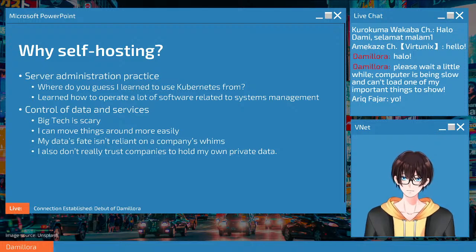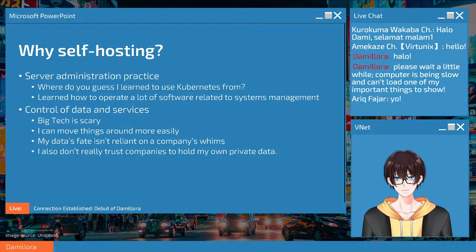And imagine a world where a single company holds a lot of power over you by holding your data. There have been some cases where people's data have been lost because of these companies. I will talk about them later.